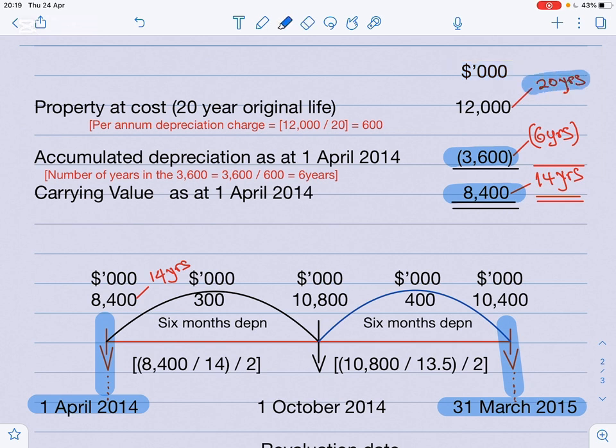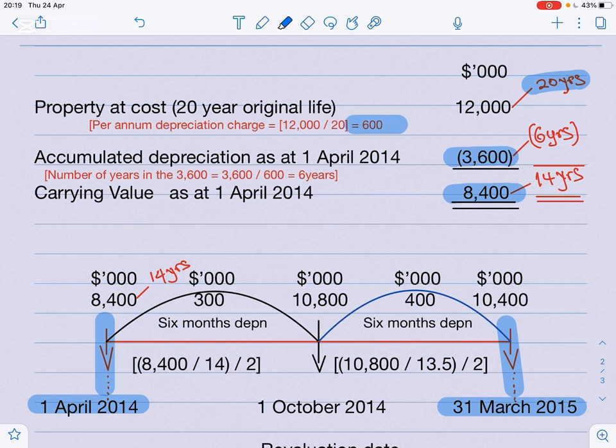So the question now is this: what will be the per annum depreciation charge? The per annum depreciation charge is what we are going to determine here. So you say the $12 million divided by the estimated useful life of 20 years. And tell you what, that will give us $600,000. So there you have it.